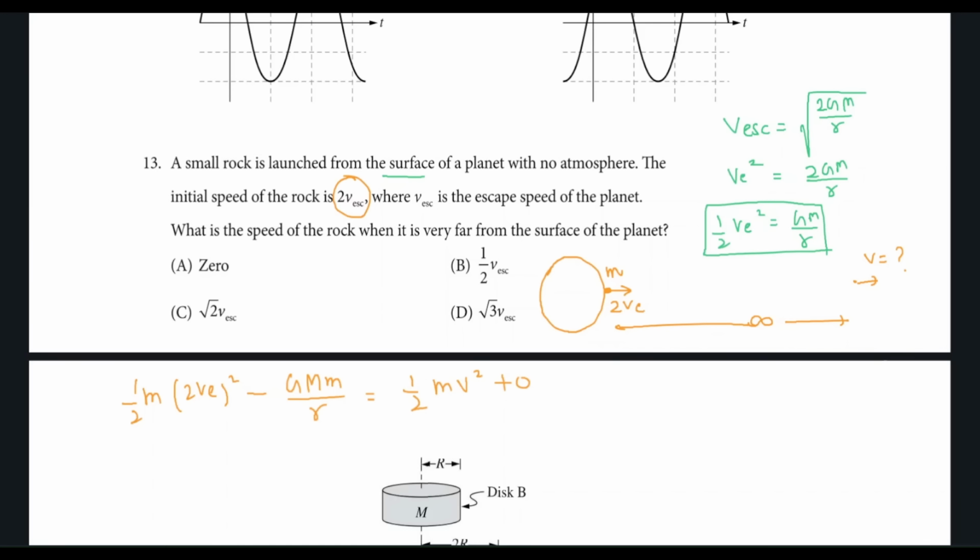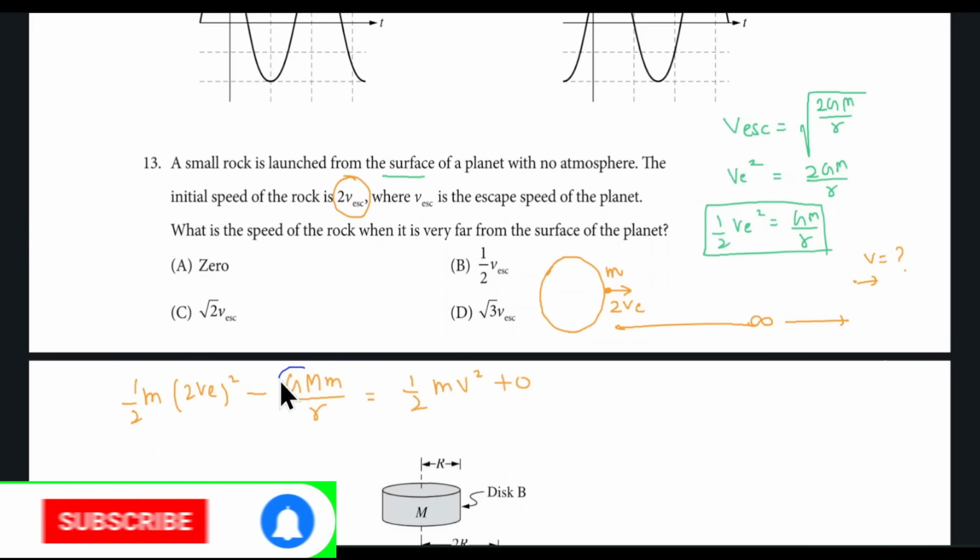Now, this was the reason why I was finding GM over r, because just GM over r now you can sub in as half VE square. Okay, so 2 square is 4, 4 over 2 is 2. So 2 m VE square minus half m VE square. Why half m VE square?